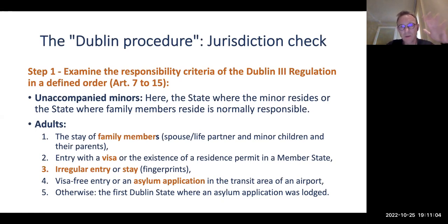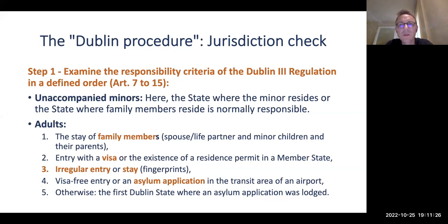First of all, as soon as you are an unaccompanied minor, it's very important to recall that the state where the minor is residing, or if the minor has family members in another state, this country is basically responsible.